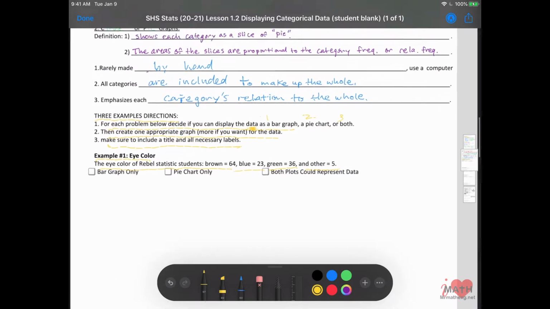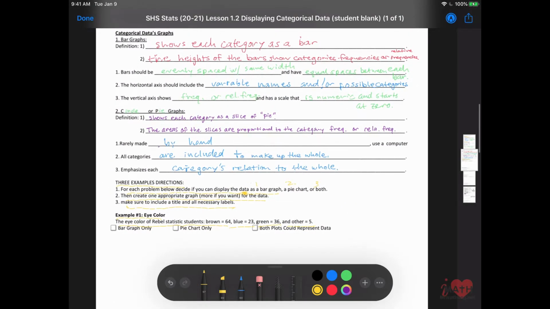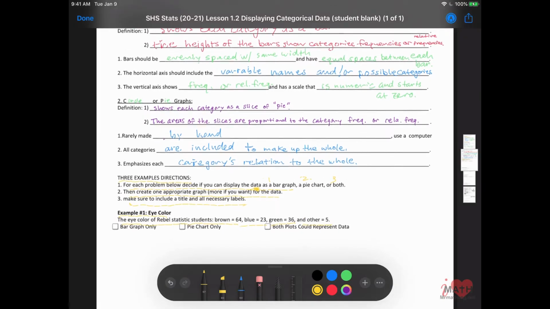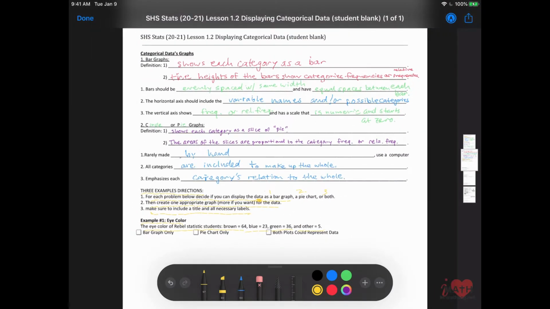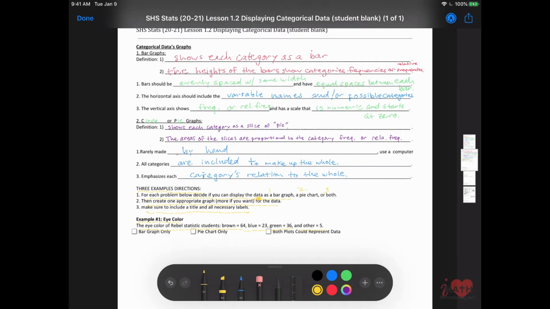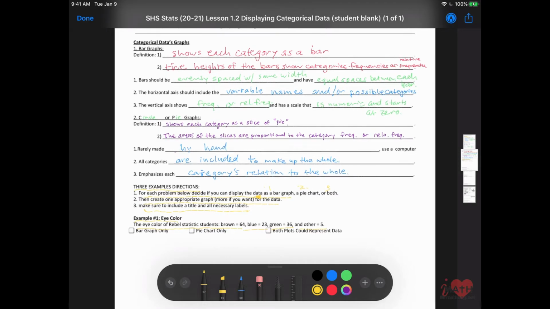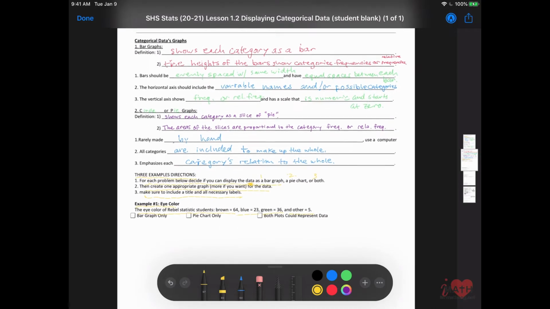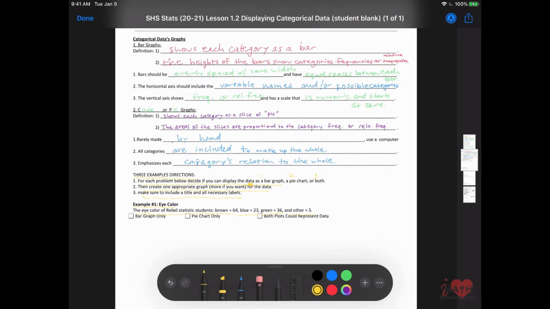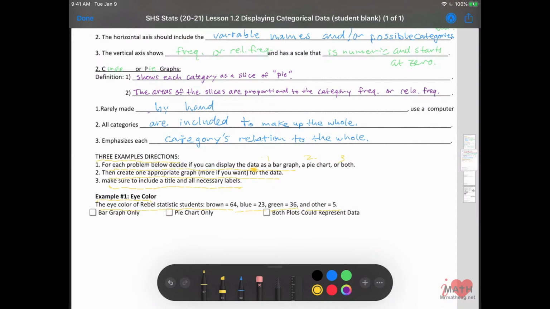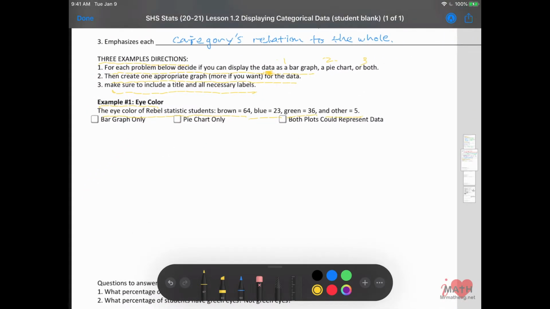So if you look at that, I could use a bar graph. You can actually use both for these, because the bar graph shows each category as a bar, right? Brown, blue, green, or other eyes. And then the pie shows in relation to the whole. So let's go ahead and do both.